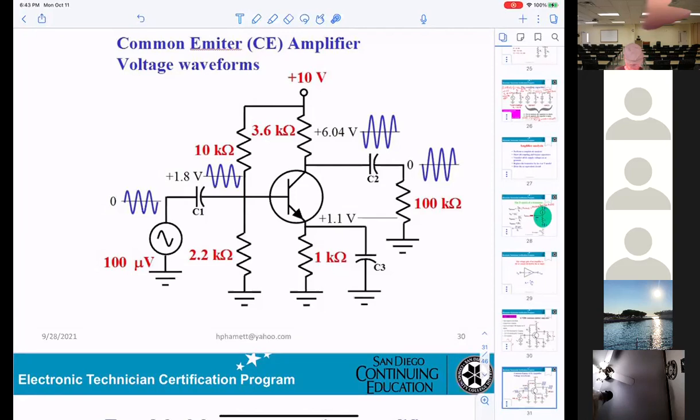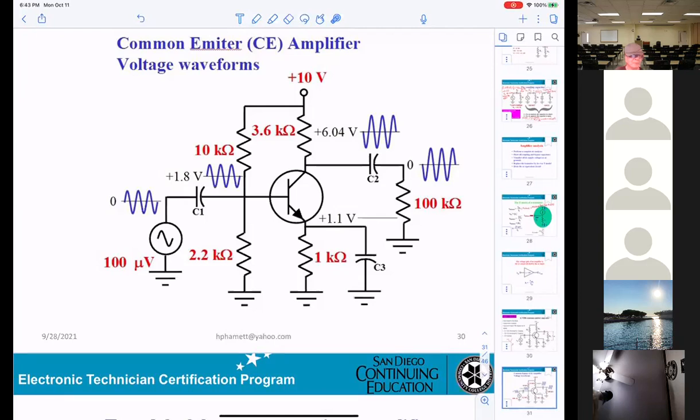Also, they call it a common emitter. Why do they call it a common emitter? Tell me, why do they call it a common emitter? The input is at the base, the output is at the collector, and the emitter is common for the two signals.